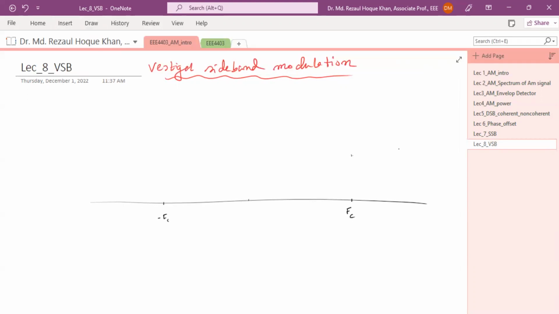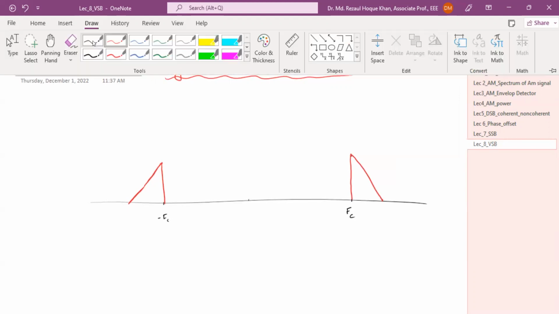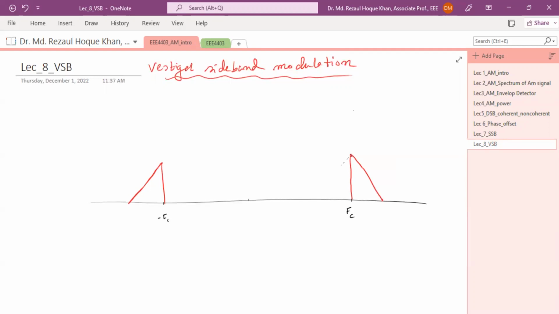We have the upper portion of the signal, where these are the other part in DSB suppressed carrier.